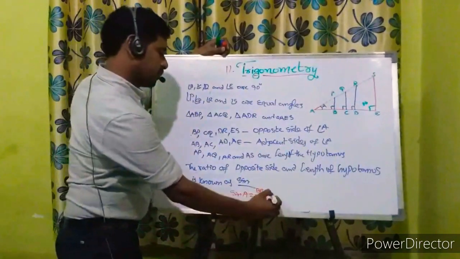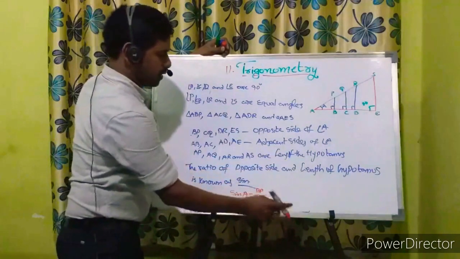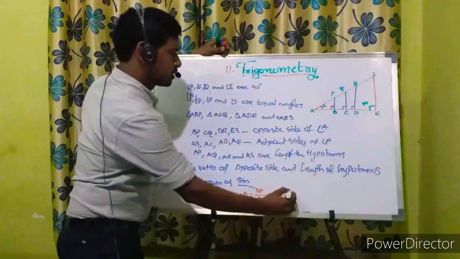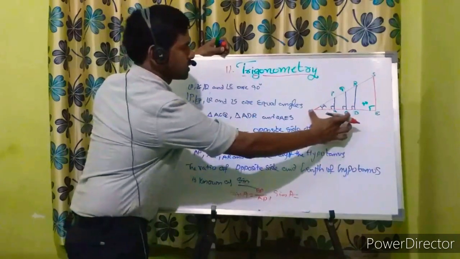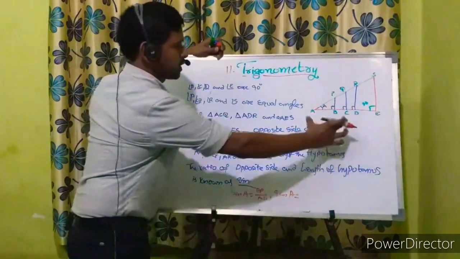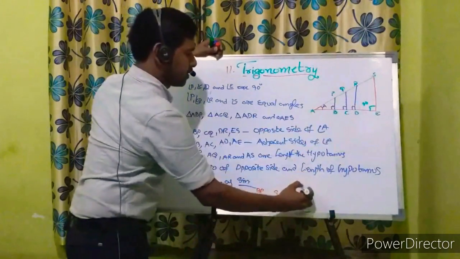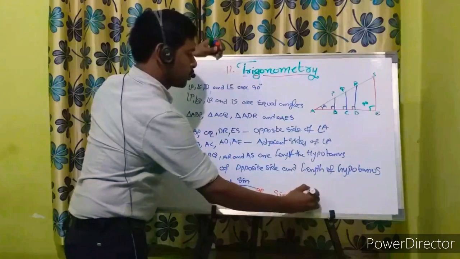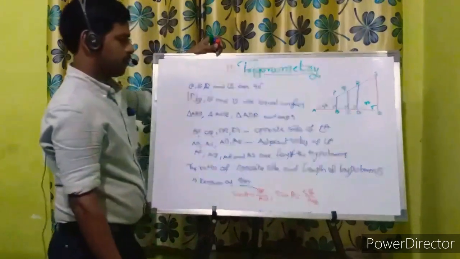The same ratio holds with respect to triangle ACQ: sine A is CQ by hypotenuse AQ.